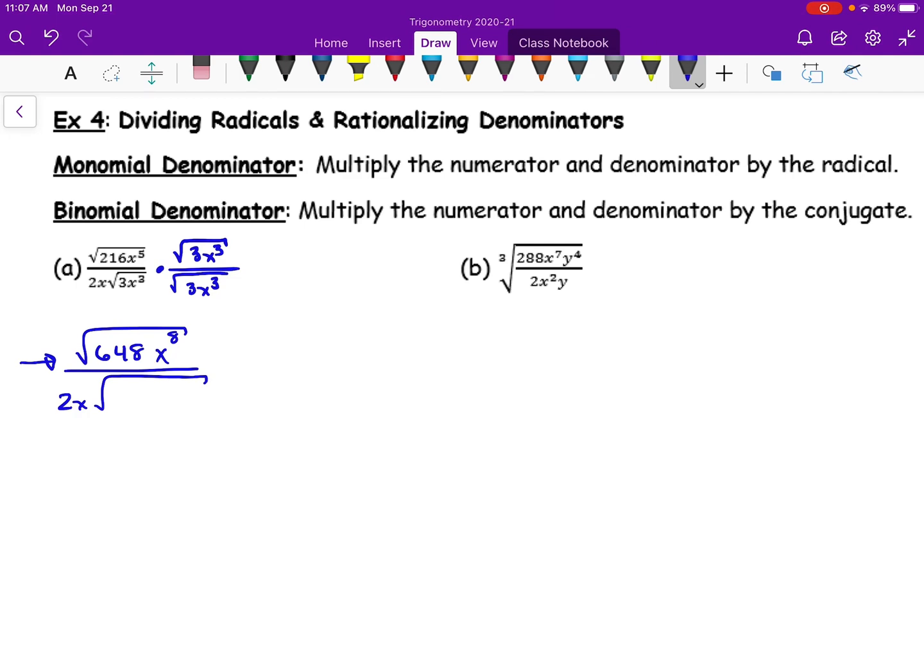Now, when I multiply two of the same radical, the radical disappears. So I can get rid of that, and I'm just left with what was underneath the radical, 3x cubed.